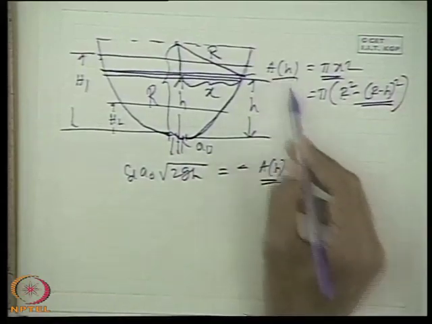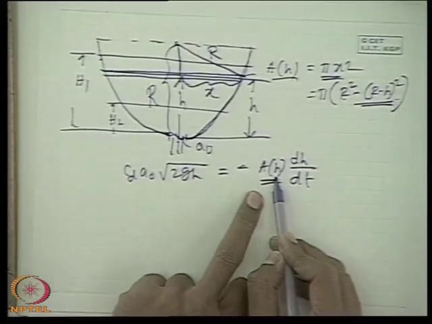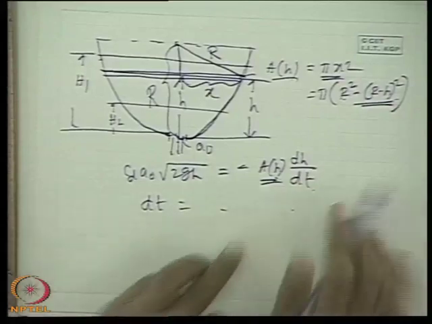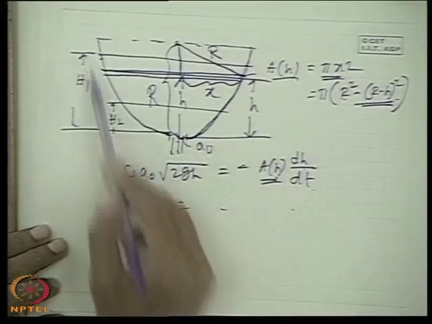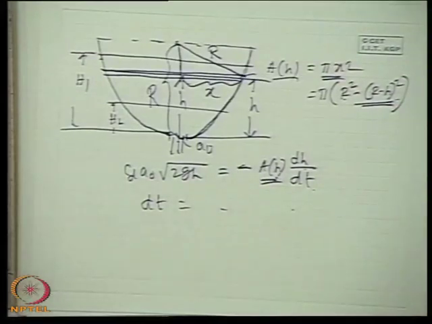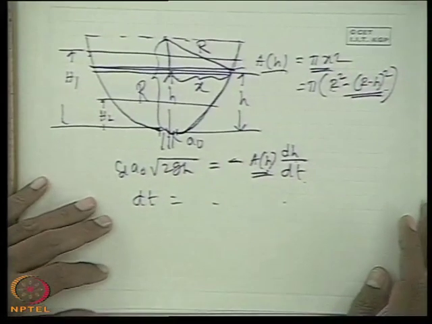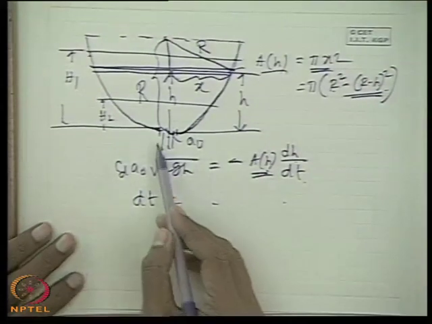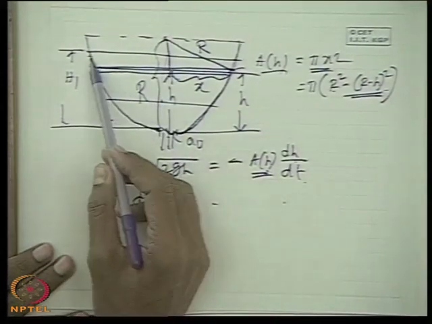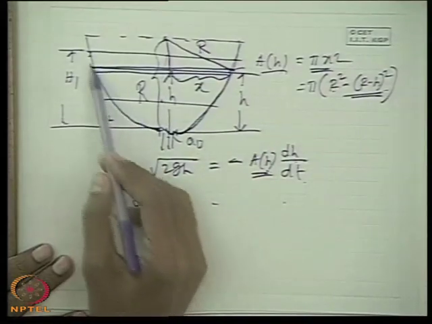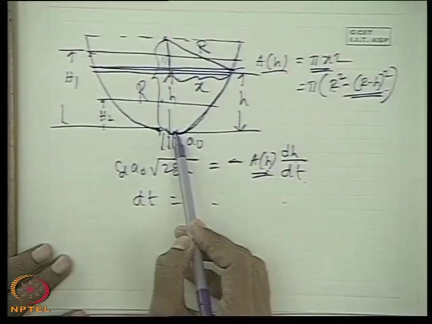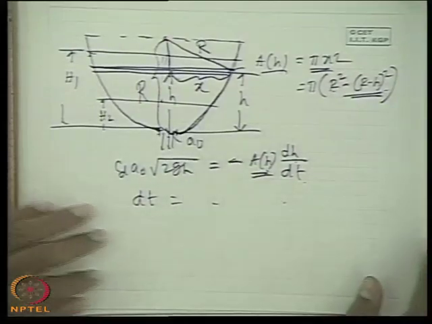So therefore A as a function of h you put it, take dt on one side and integrate this function of h from h1 to h2. Take care of the sign and get the answer. That's all. So this is the unsteady problem, when the orifice is discharging under a varying head, which is the practical problem of emptying a tank. That means the water level in the tank falls down as the orifice is opened.